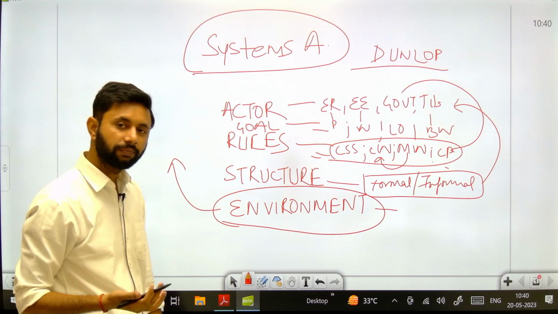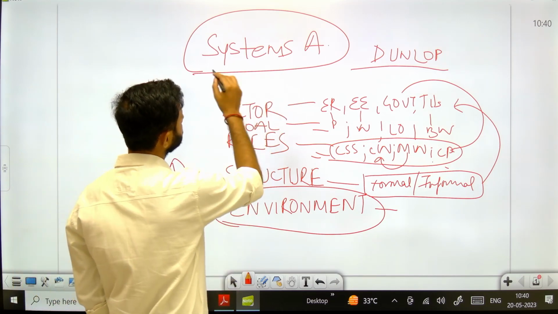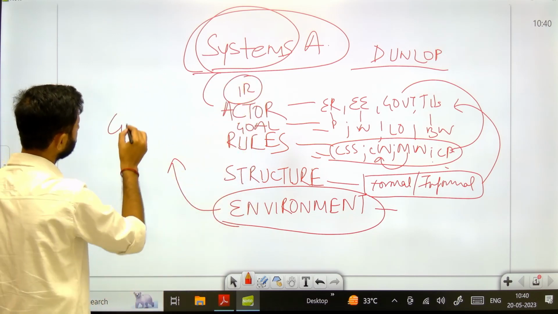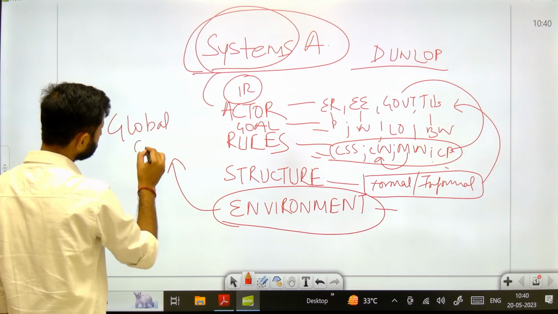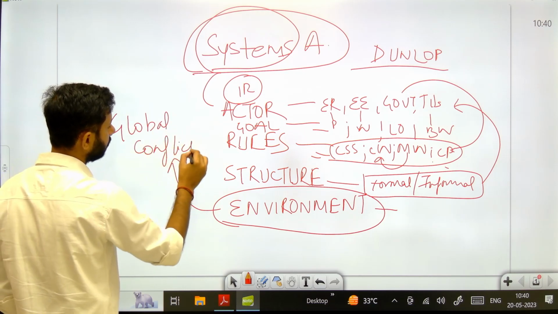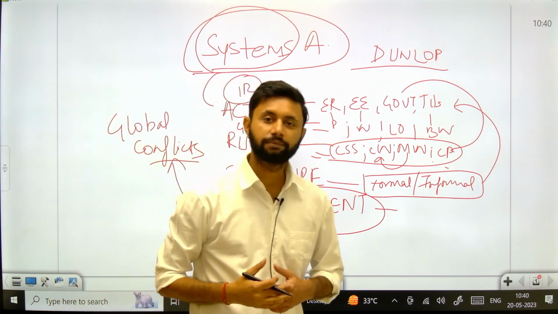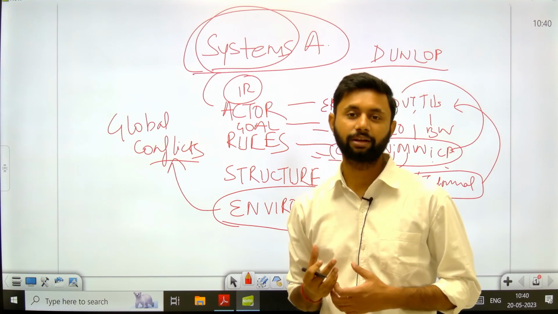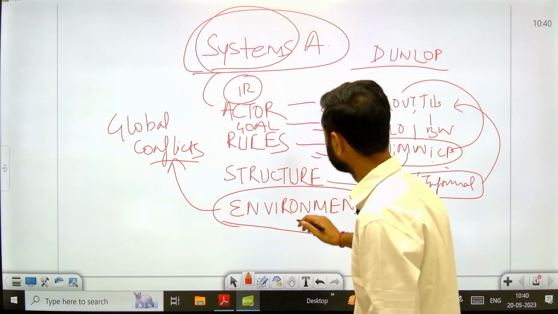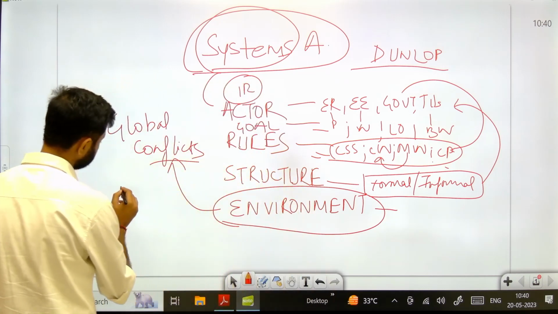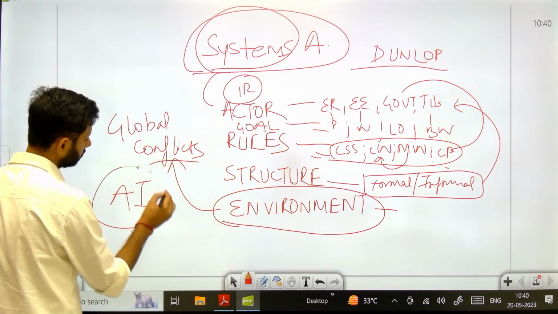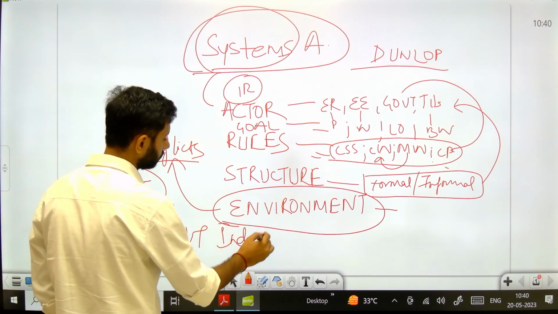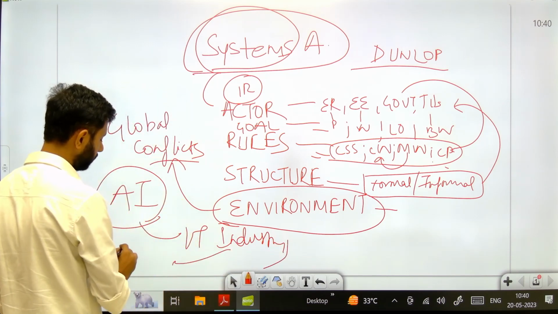Environment refers to external factors that can impact this whole system of industrial relations. These factors can include global conflicts. For example, the recent Russia-Ukraine conflict has disrupted various supply chain industries. Similarly, technological change, for example artificial intelligence, and how it is changing the current IT industry, which right now is facing various layoffs.